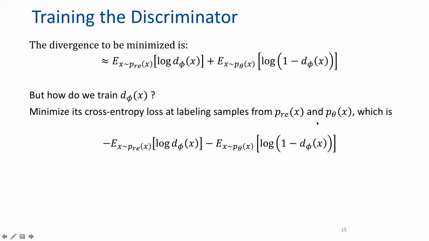Hopefully it looks familiar. This is the log of the probability of real images over real plus synthetic, and this term here is the probability of synthetic over real plus synthetic, and that's what the classifier optimizes. That's what it should output.